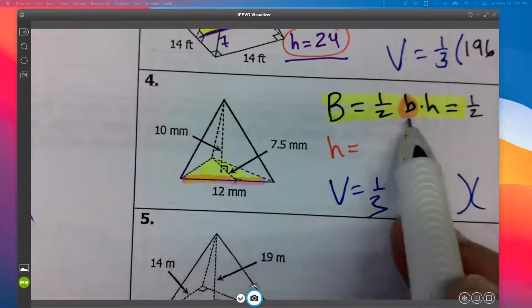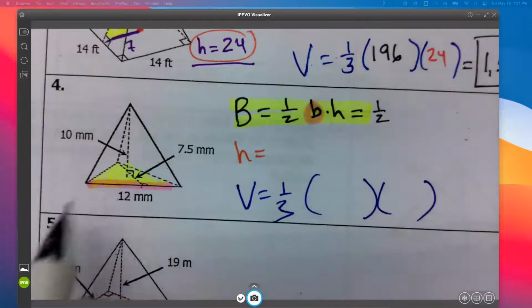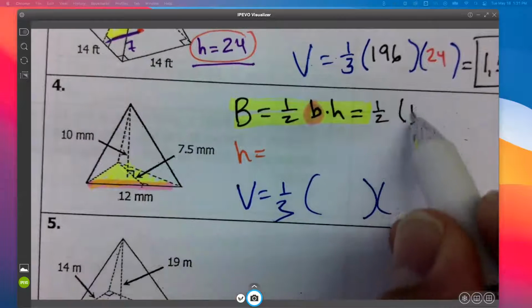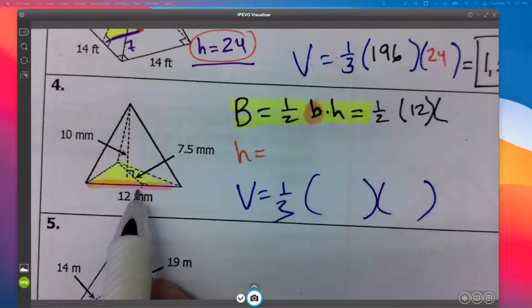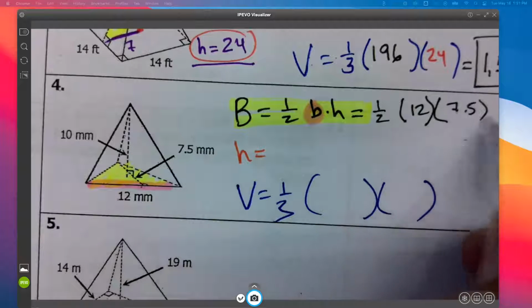And that's the trick, is I need these two to be perpendicular. So I could say that my base is the 12. And what is perpendicular to that? Good, 7.5. This gives me an overall base size of 45 units.